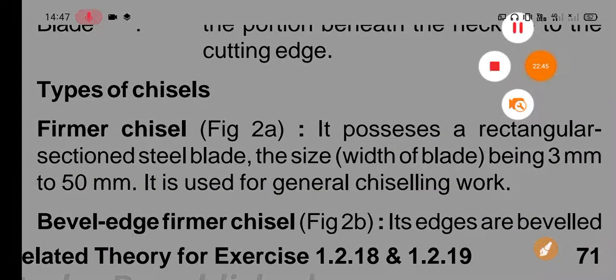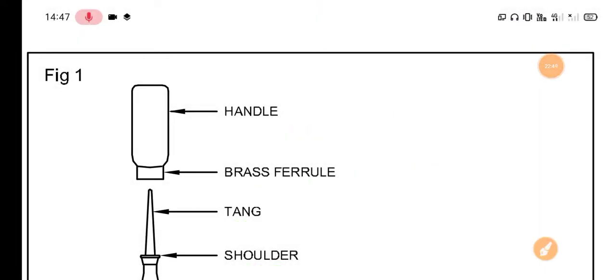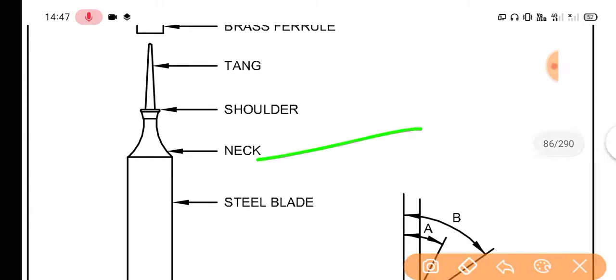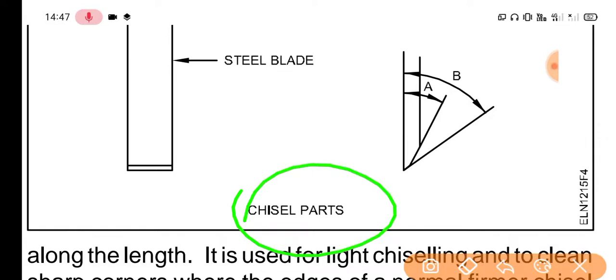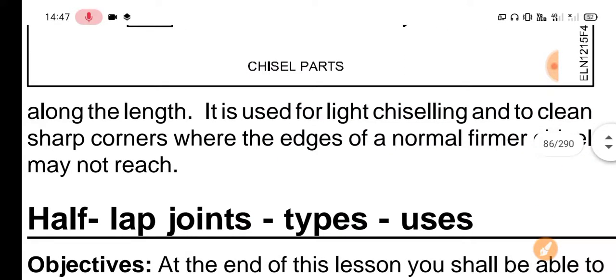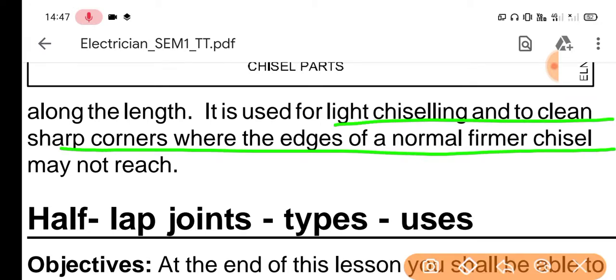This is the handle, this is a brass ferrule, tang, shoulder, and this is the neck, steel blade, and this is the cutting edge. These are the chisel parts. Along the length, it is used for light chiseling and to clean sharp corners where the edge of a normal firmer chisel may not reach.